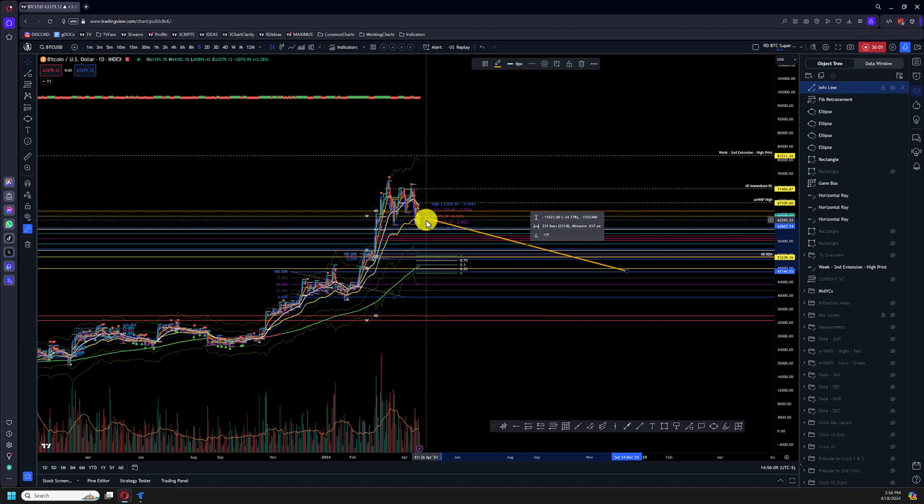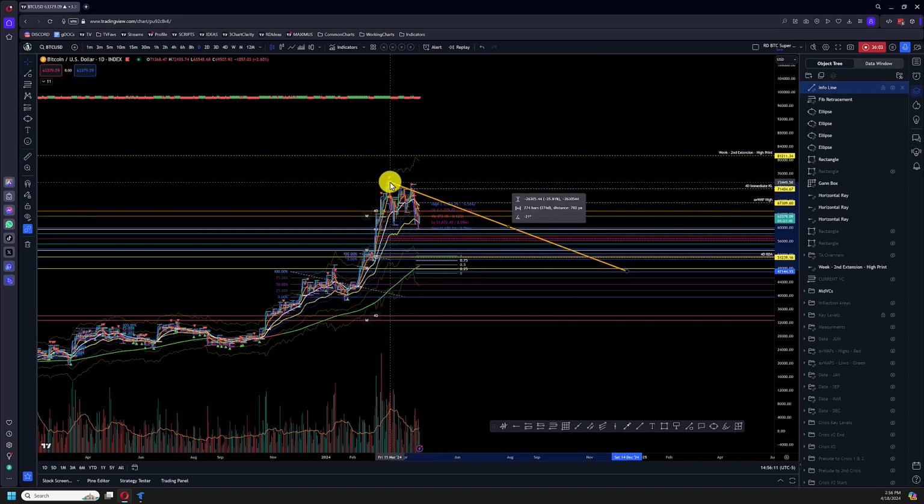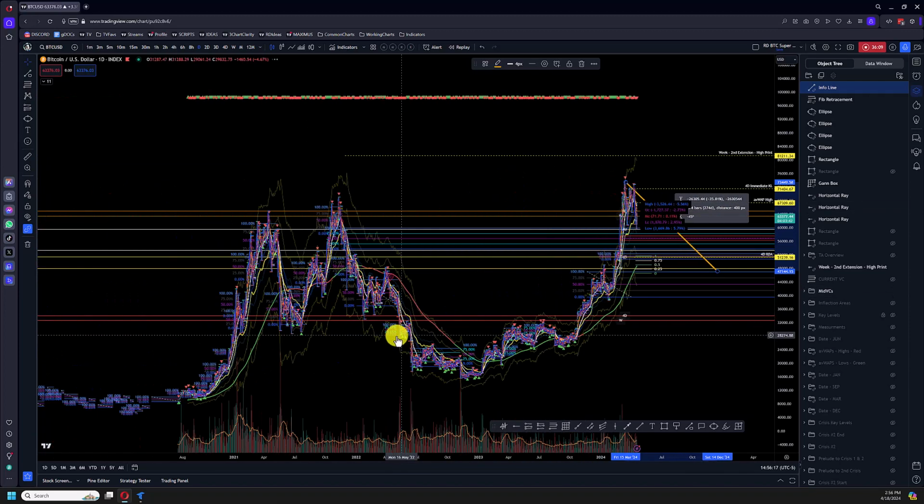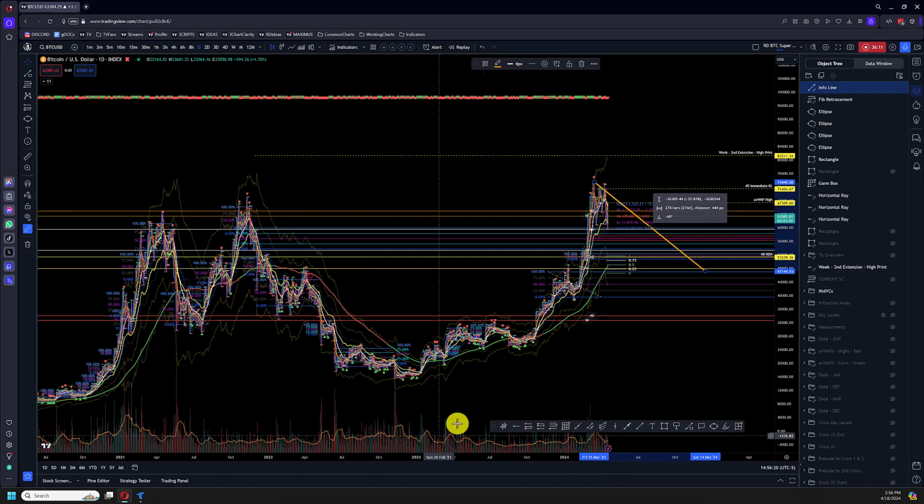Now, Bitcoin regularly does this. A 35% pullback is, well, we'll just go back to the previous one. I do think something has changed a little bit in the market, so for me, I'm not expecting a 60% pullback, but I'm open to it.